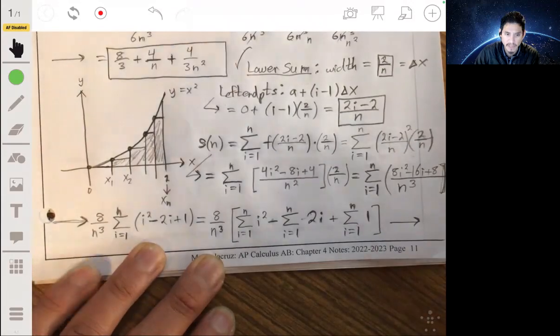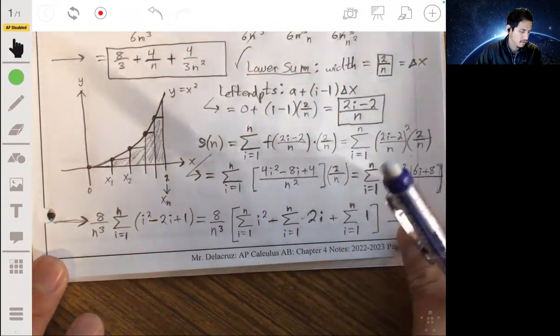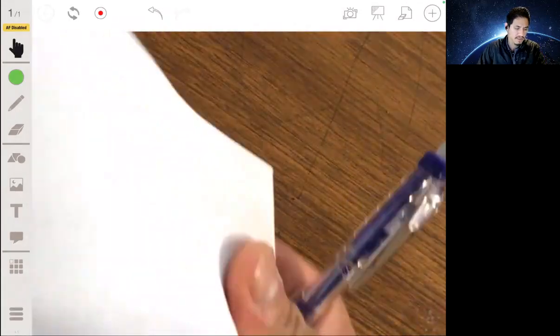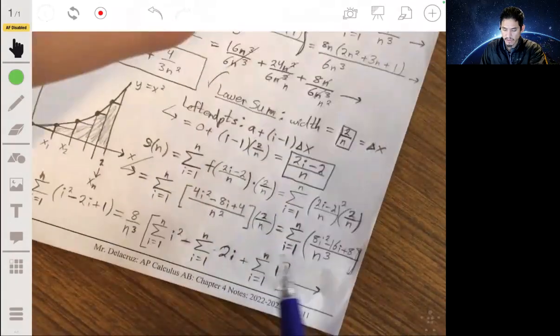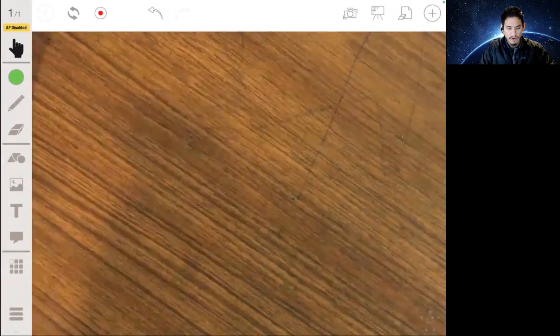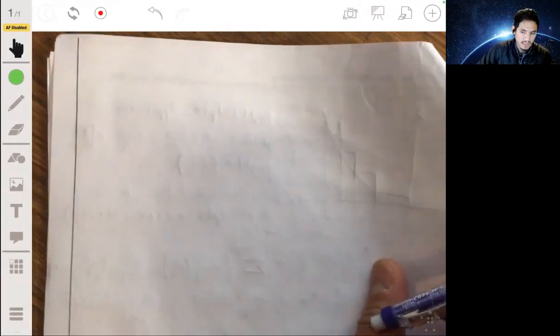Now I'm going to have to go on to the next page. But from here we can use formulas to simplify each of these. Each of these are just formulas that I went over in the first part of this lesson.